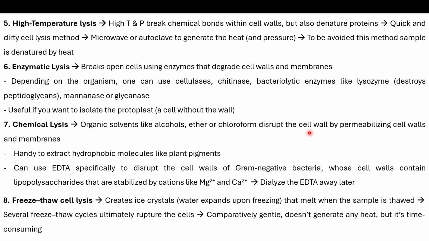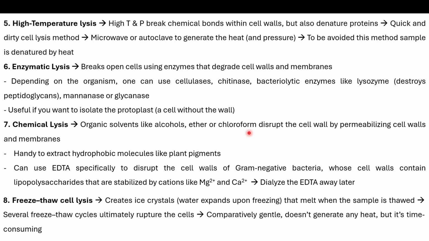So for such a small molecule, when we want to extract it out of, suppose, bacterial cells, people use chloroform to make very minute pores. It can disrupt or make pores in the cell walls as well as in membranes so that the small molecules can come out. The other molecules like genomic DNA and plasmids, which are around 5 kilobases, whereas this is only 77 bases.